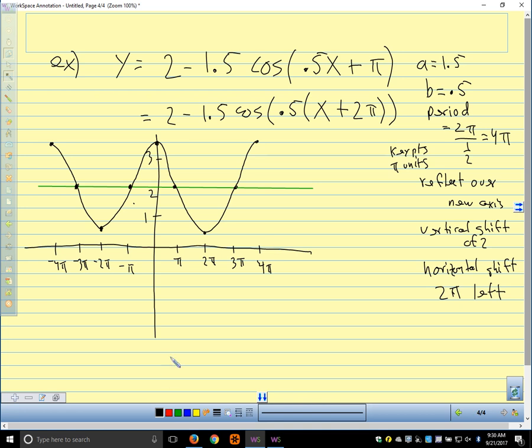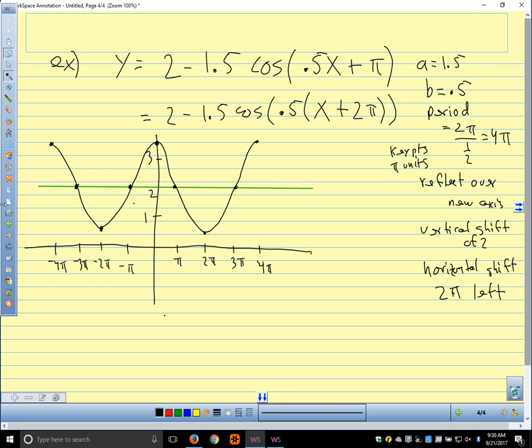Okay, let's do one example where these units of our key points and our shift, our period, we have to do a little more work with those. Okay.